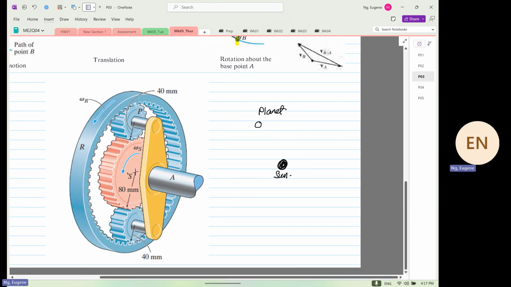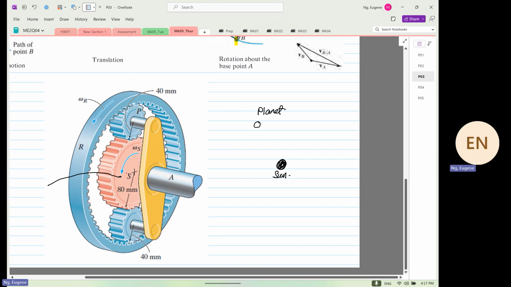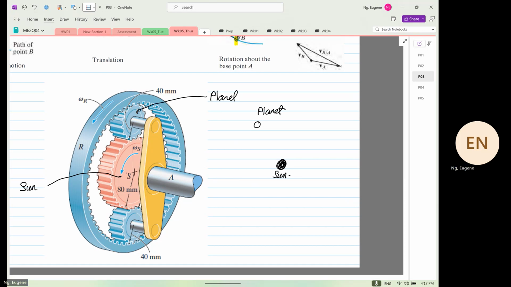So the center gear is always known as the sun. The gears that are rotating are known as the planets. And the outer system is known as the ring. Always remember this.